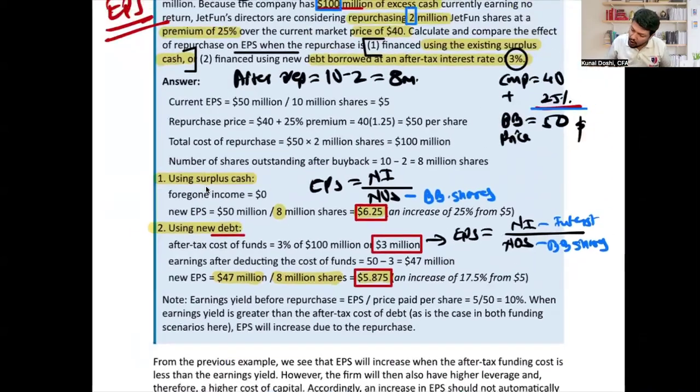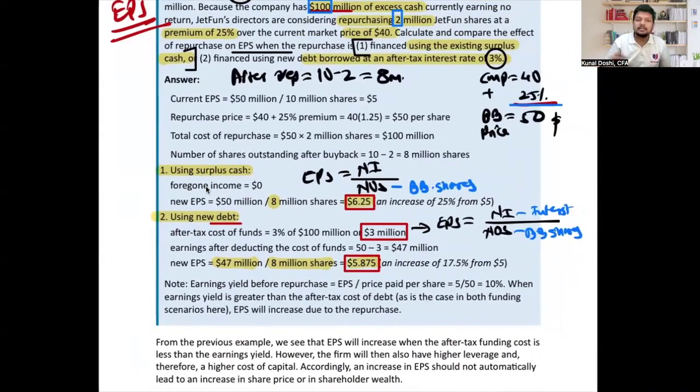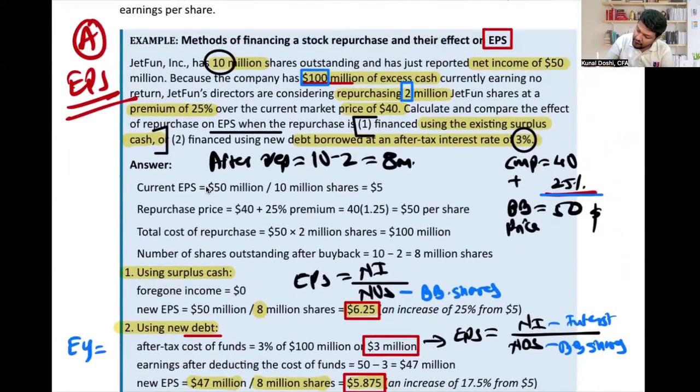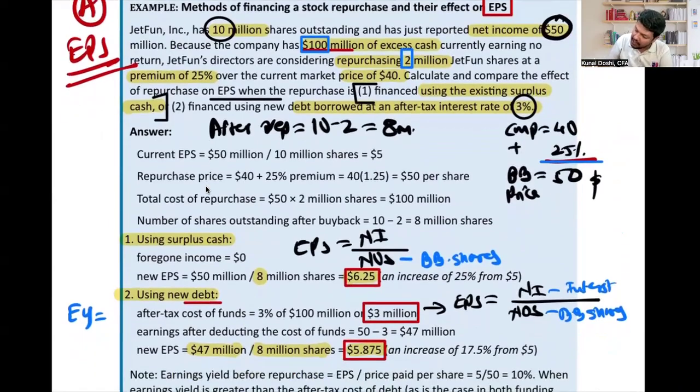So now there is a connection about this. Everyone in the class, what is the connection? Here, if you check the earnings yield, what is earnings yield? Earnings yield is earnings over the price. What was the earnings of the company? 50 million, correct? And what was the share price of the company? 40.